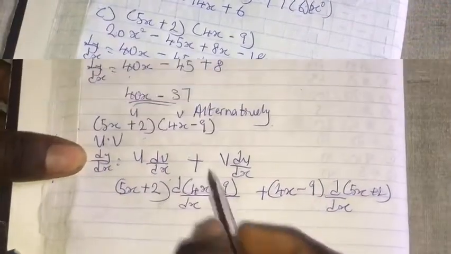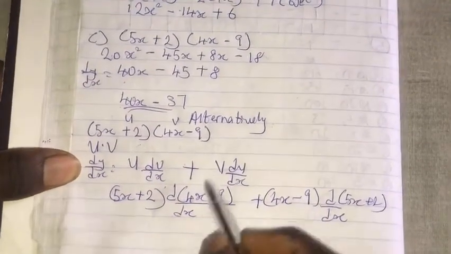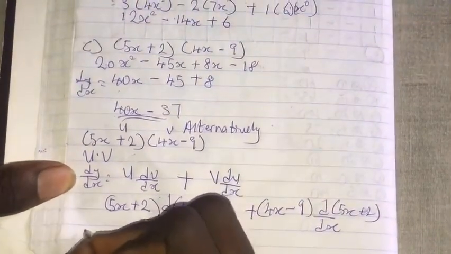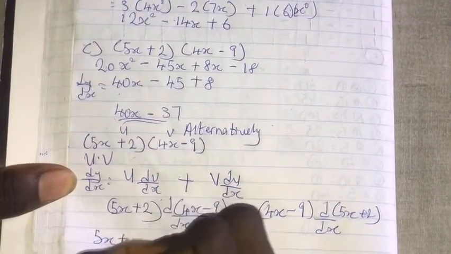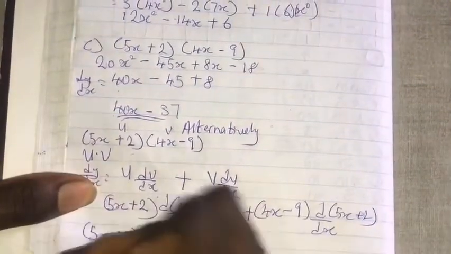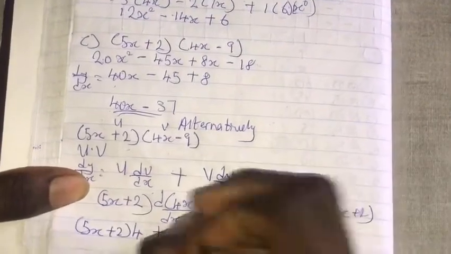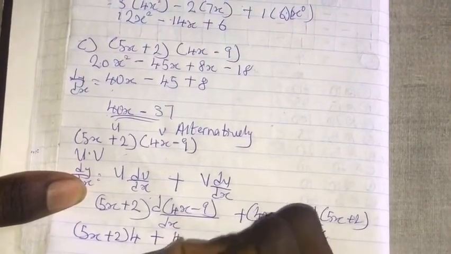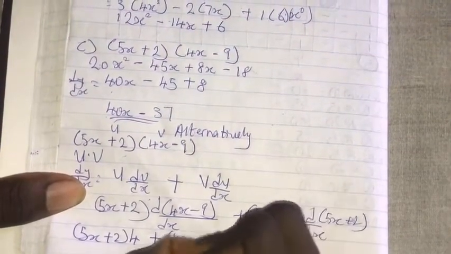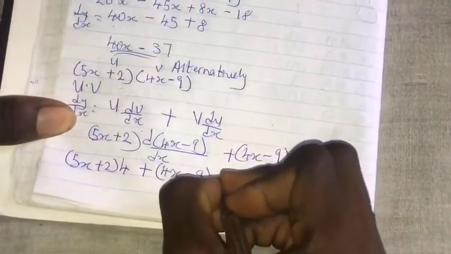Once you differentiate this, you get 4. Therefore, it will be 5x plus 2 in bracket times 4, plus, put this here, 4x minus 9. Once you differentiate this, you get 5.